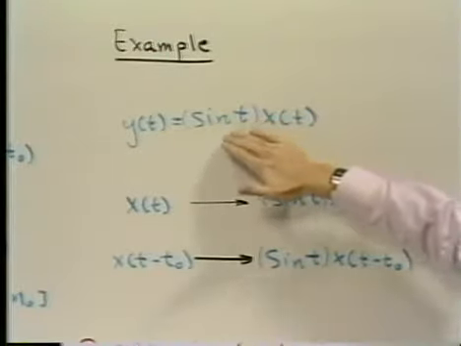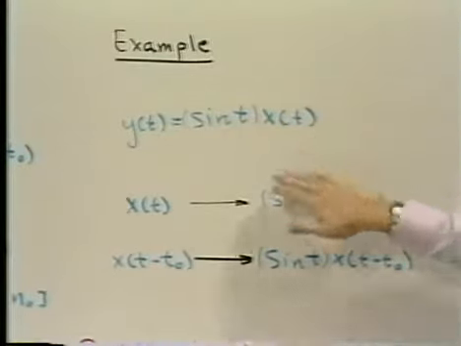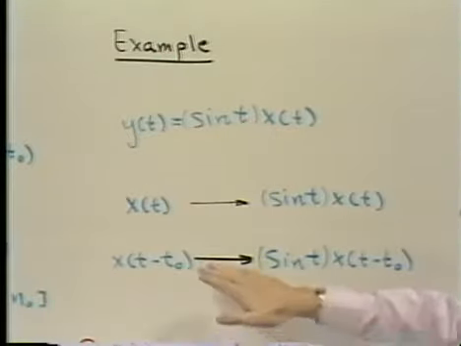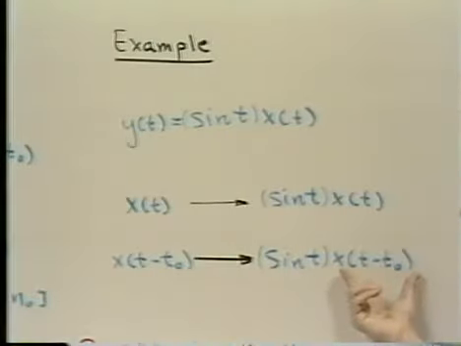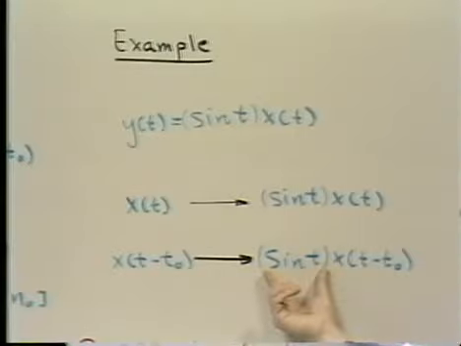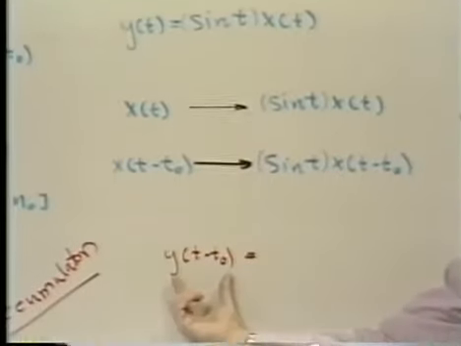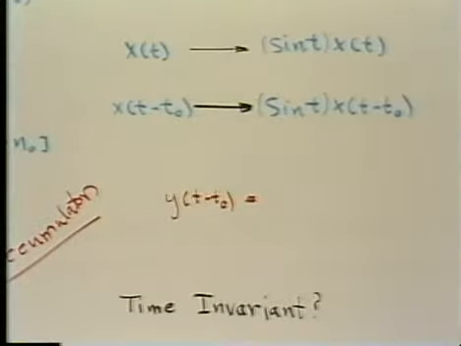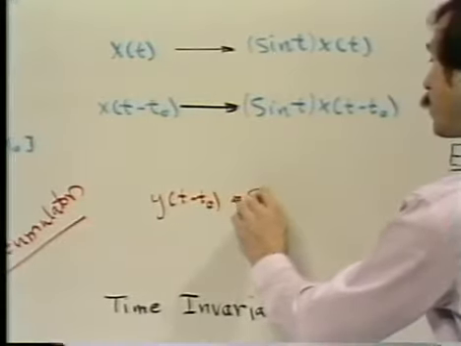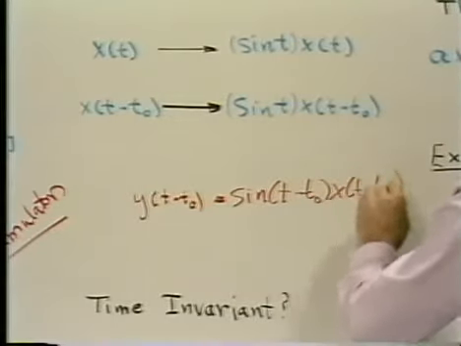Although you might think at first that this system is time invariant, in fact it is not, because the input shifted generates an output which is the input shifted times the same modulation function, whereas if we were to take the output of the system with x of t as the input, then what that would correspond to is sine t minus t0 times x of t minus t0.